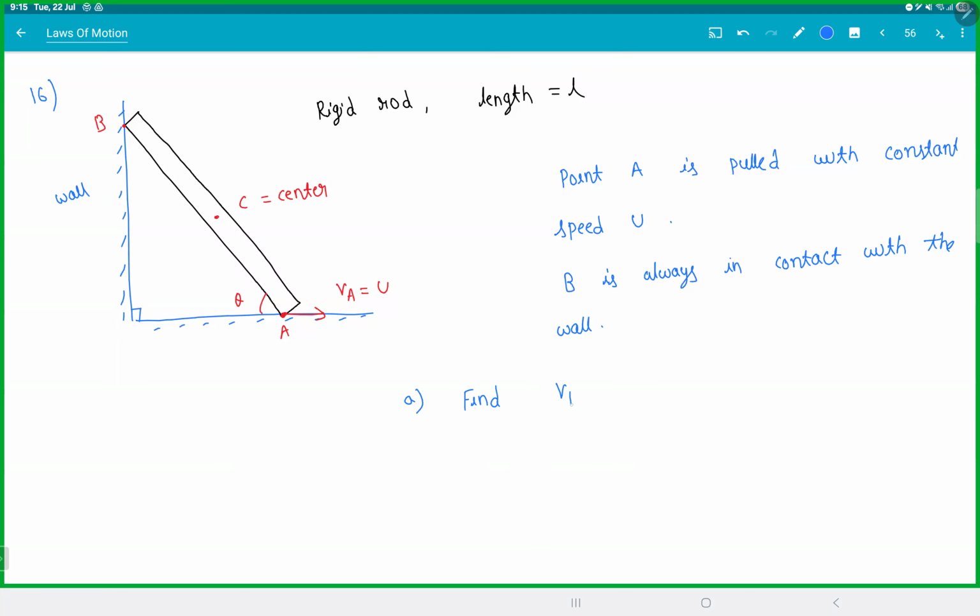First question, find the velocity of B and the velocity of C, where C is the center.